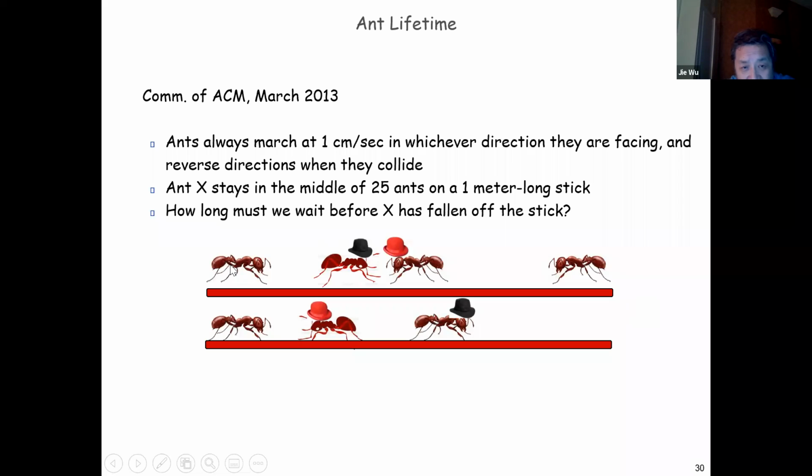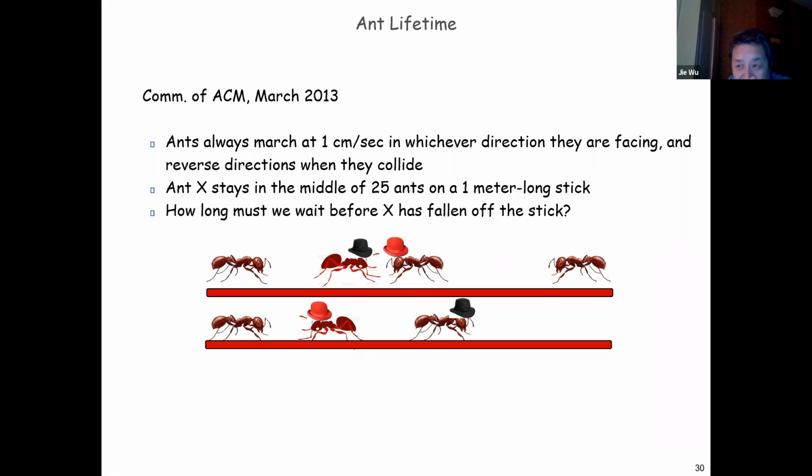Same thing for the leftmost ant. Now I ask a question, a little tricky. Why introduce 25 ants? Because he cares about the middle ant, which is the 13th ant.